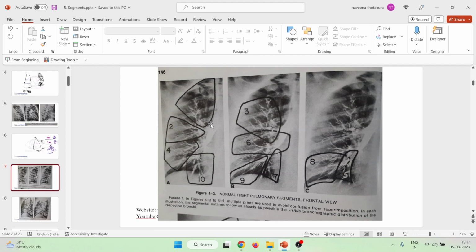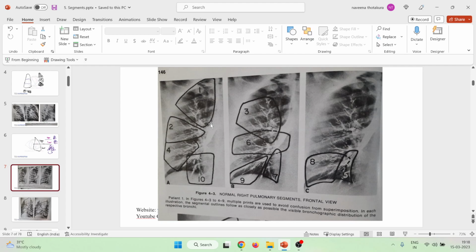The number of segments may or may not be the same. But the gist is that each segment is supplied by its own segmental bronchus, and that bronchus can be approached through a bronchoscope, and especially there is treatment given to the specific bronchus which is affected by any disease process.